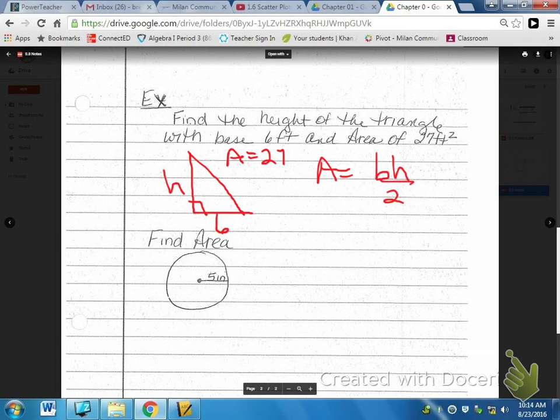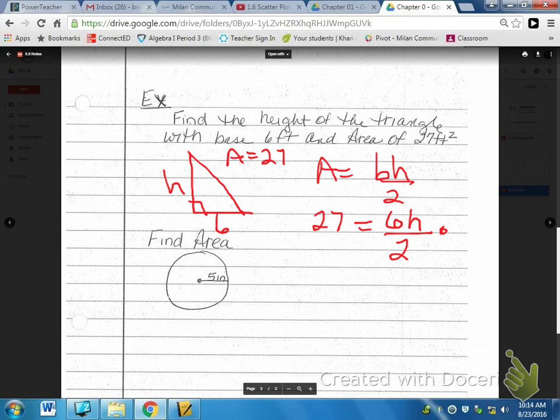So you now plug in the values that you know. So for area, I'm going to plug in 27. For base, I'm going to put in 6. Height, I don't know, and then that's over 2. So my first step in solving this, I could do it a couple of different ways. I'm going to go this route because I think you'll understand it better.